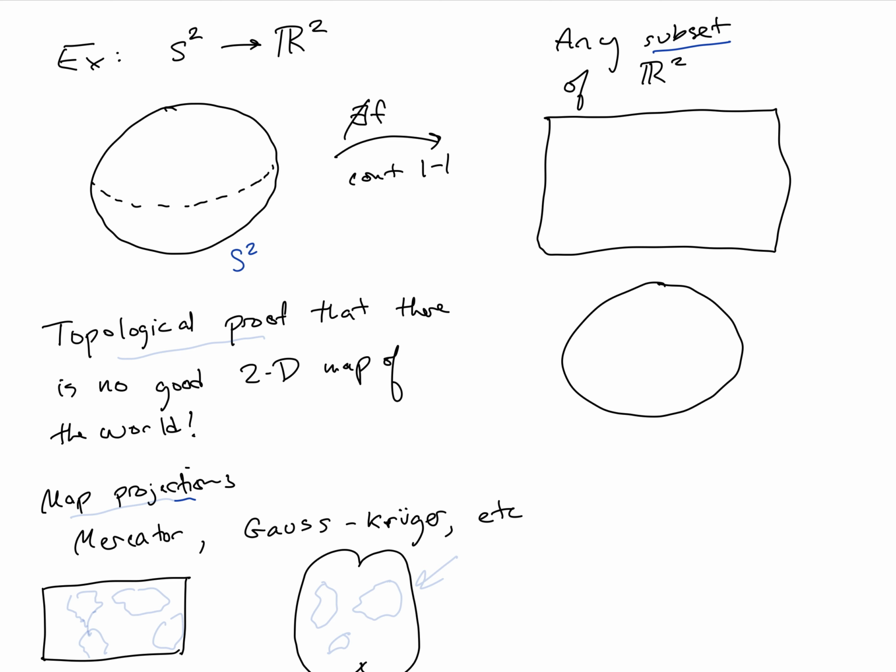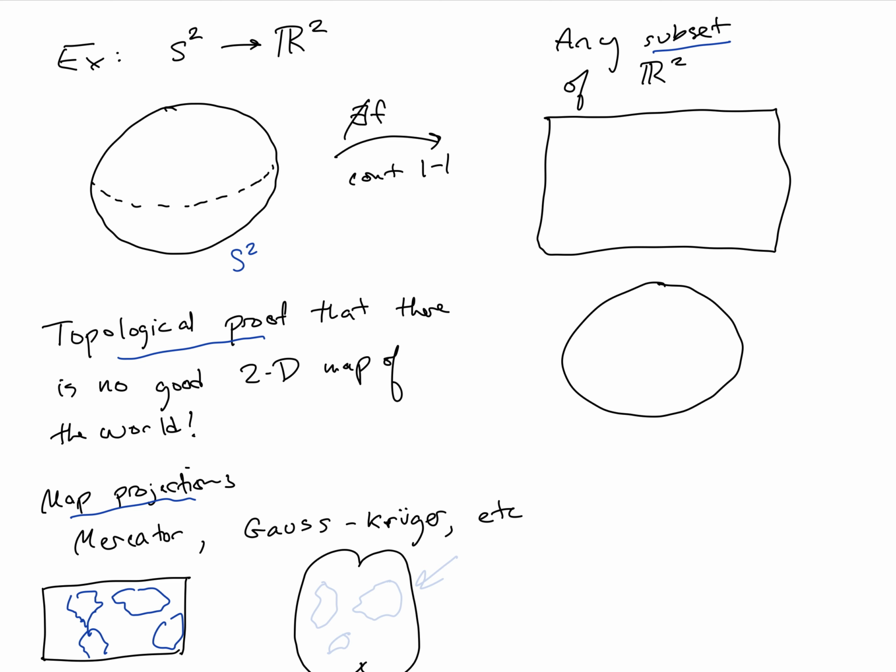So one cute consequence of this is that this is a topological proof that there is no good 2D map of the world. You've probably seen different map projections. There's the Mercator projection and the Gauss-Kruger projection and all these other ways to map the world onto some two-dimensional space, because two-dimensional spaces are useful, but all of them have some issue.